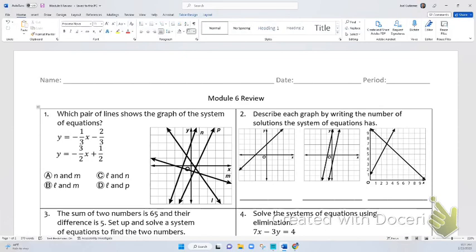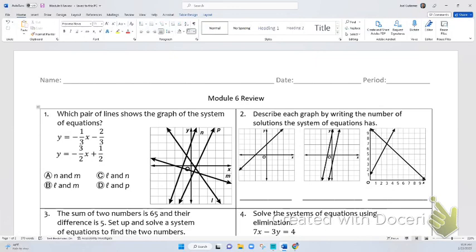Number 1 simply says, which pair of lines shows the graph of the system of equations? So you'll notice we gave you two linear equations here, which obviously create a system of equations. The first one says y equals negative 1/3 x minus 2/3.